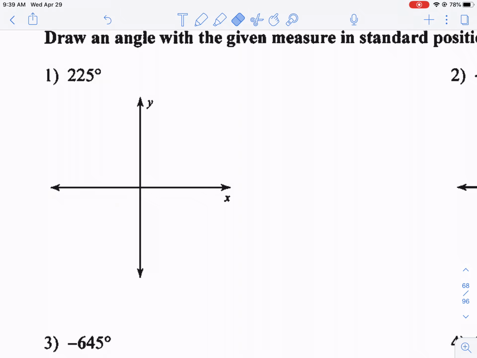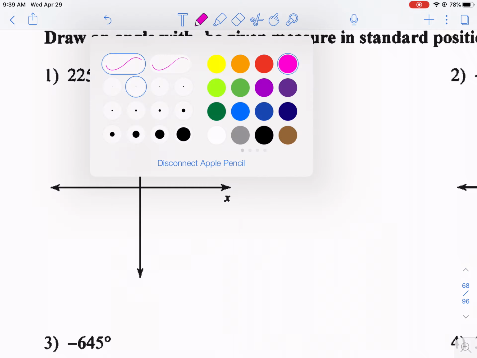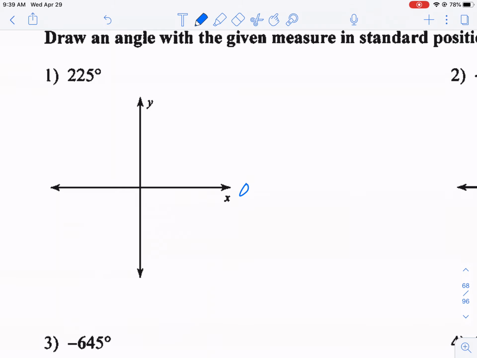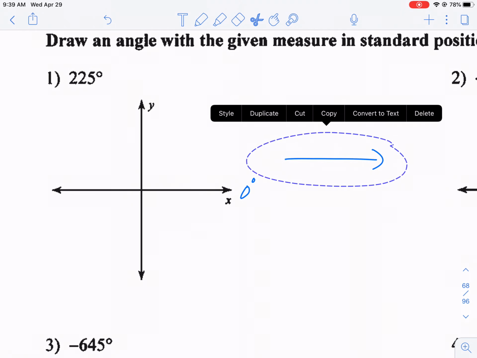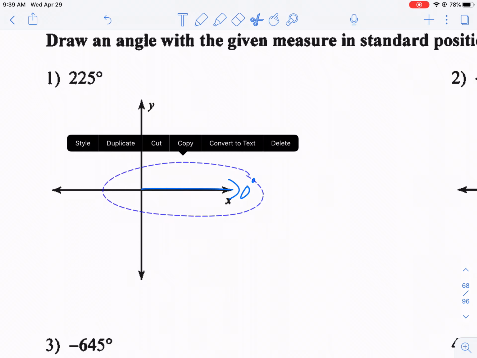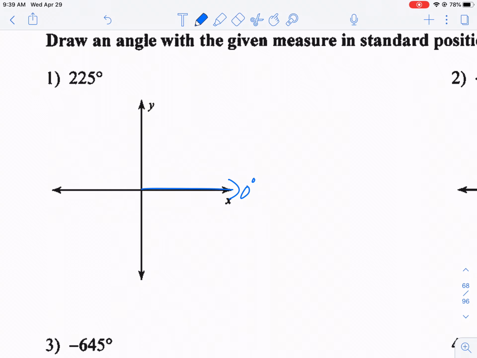Before we really get started, though, on our coordinate plane here, this is 0 degrees, right? So if we have an angle, and an angle is made up of two rays. So here's a ray. If we take that ray and we lay it here on the x-axis, and then we have this second ray that determines what our angle measure is, right?